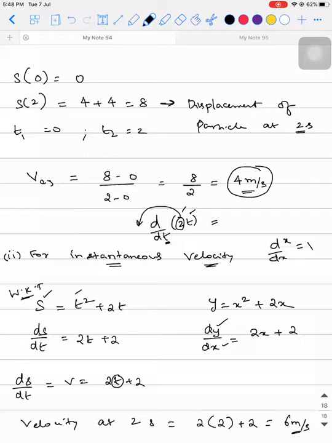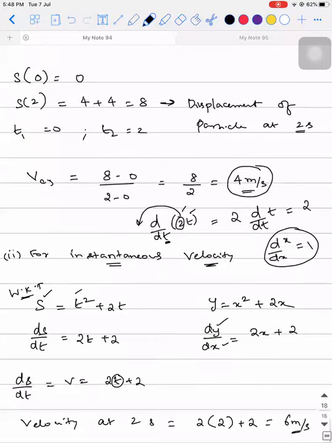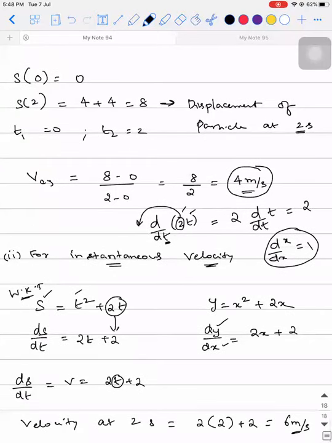Constant can be taken out. So 2 into d by dt of t. What is the derivative of t with respect to t? Derivative of x with respect to x is 1, means derivative of t with respect to t will be 1 only. So that's why I wrote it as 2. That is why this derivative of 2t became 2.